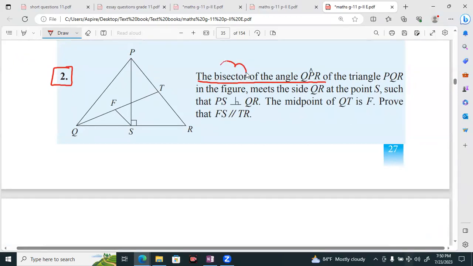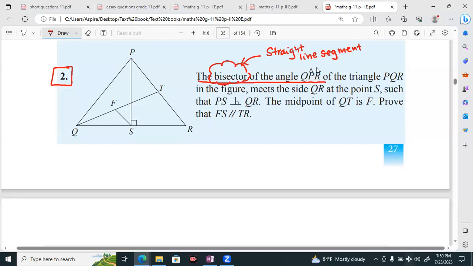When it says a bisector, it is a straight line segment. When it says the angle bisector, it is the bisector of the angle.